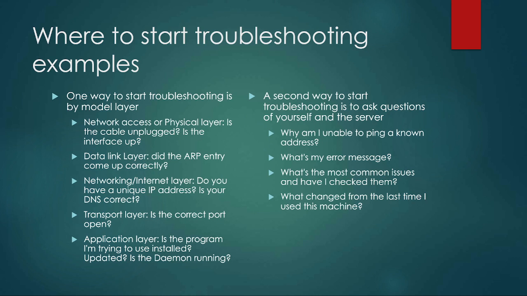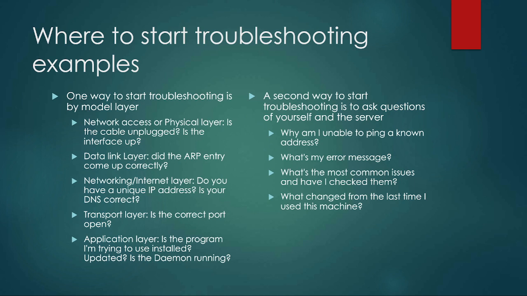If this is a server that has been up and running, another thing we can ask ourselves is, what changed from the last time I used this machine? So if the machine was working last week and it's not working now, what changes have happened in the last week? Have you done installs, updates, upgrades? Have you added or taken away anything? Has anything changed in your network?